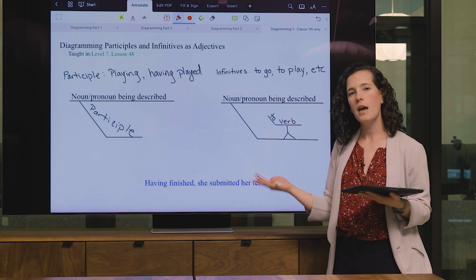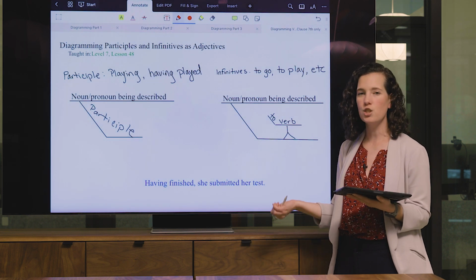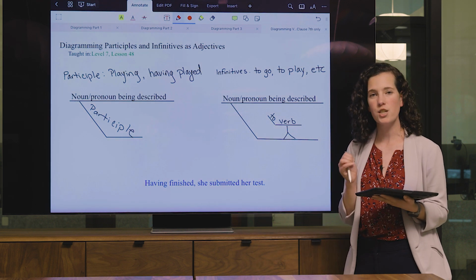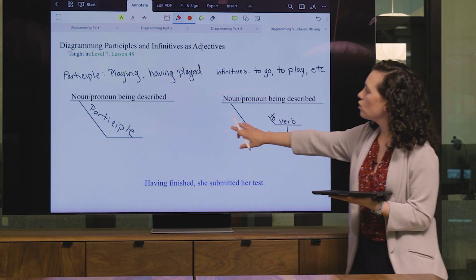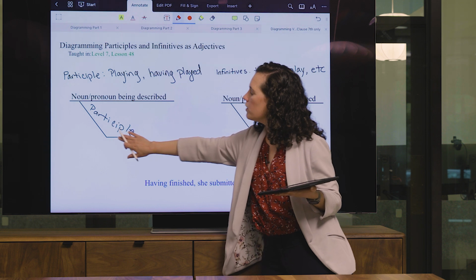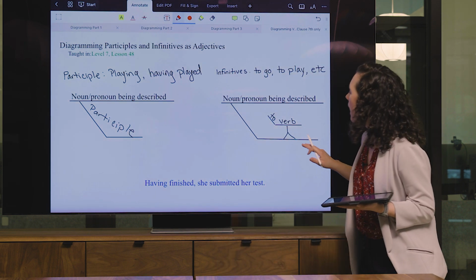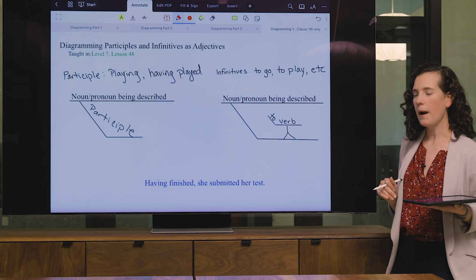So gerunds and participles can both end in ing. Gerunds are nouns and participles are adjectives. To diagram a participle, you do this shape here and you write the participle across it. And then our infinitives we've already talked about.